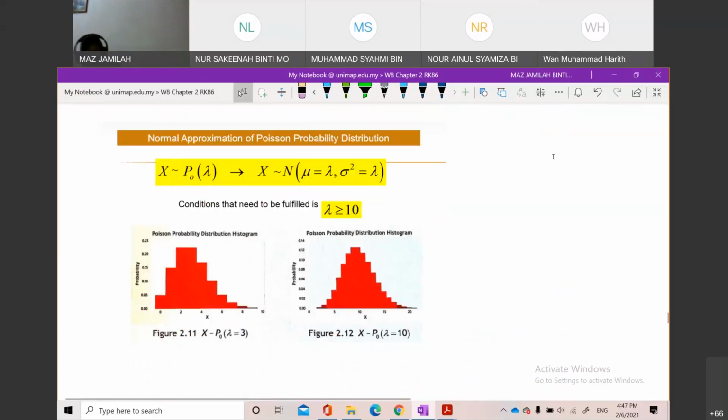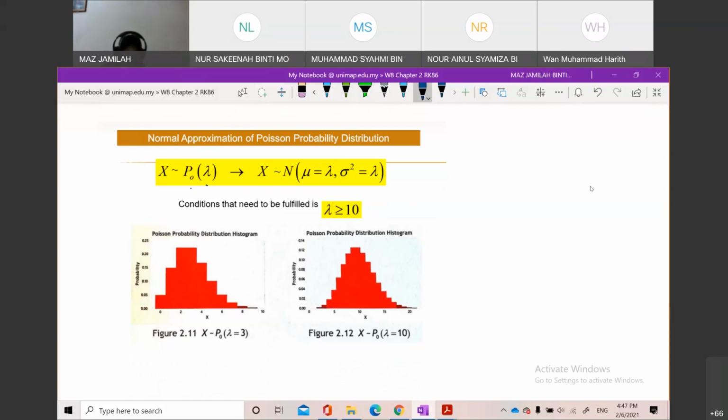Last but not least, what we need to cover is the normal approximation of the Poisson probability distribution. So this is the last part. Poisson is simpler than binomial. Originally X follows Poisson with parameter lambda.